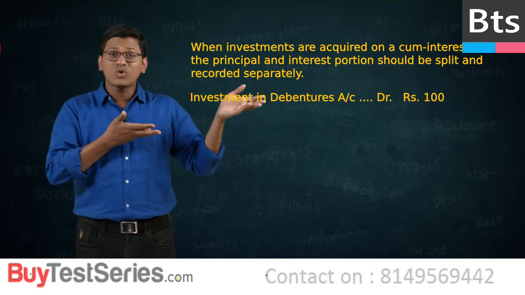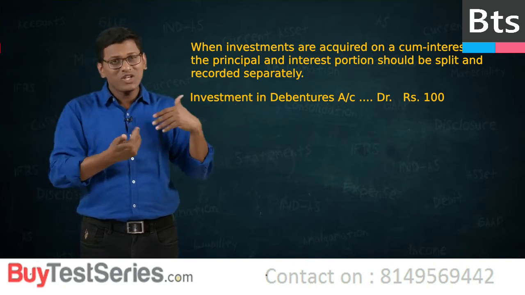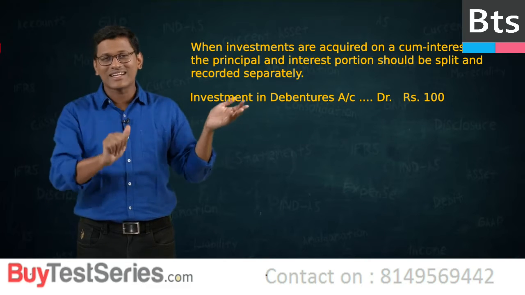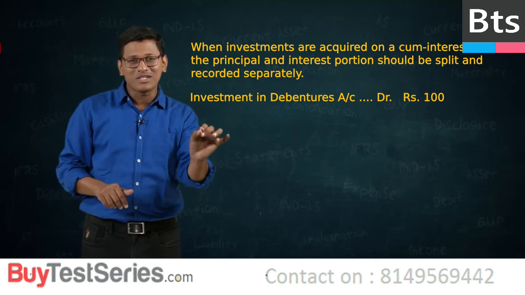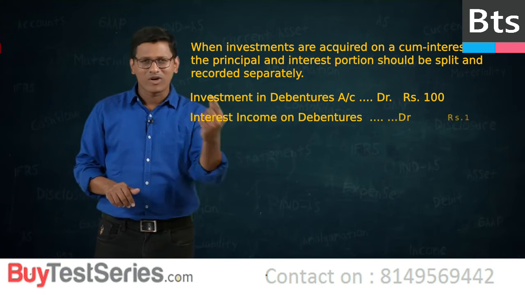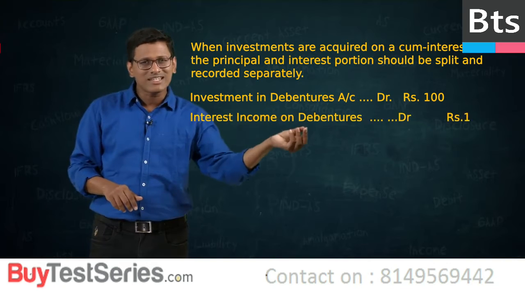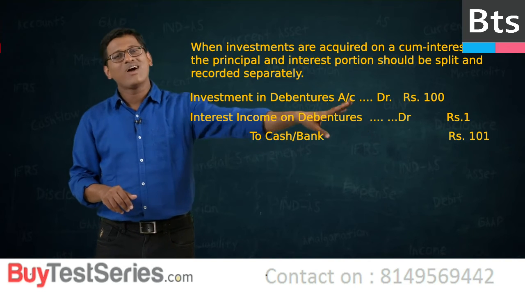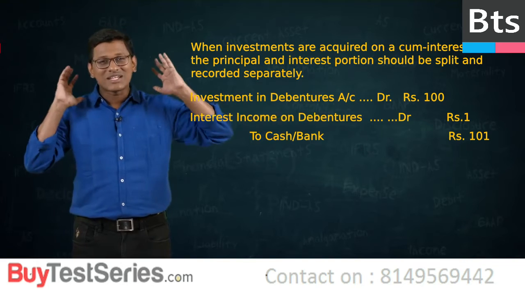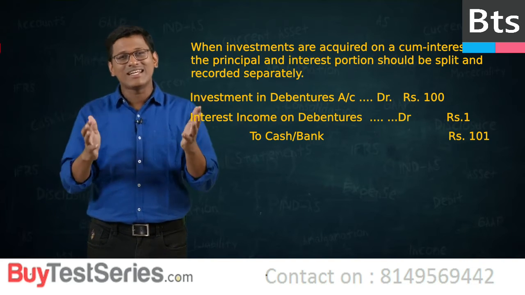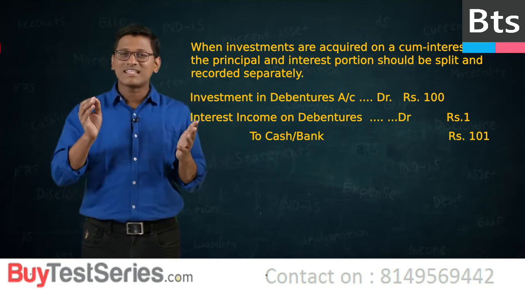If you are paying 101 only towards the principal, then you should write that at 101. You get that? Then interest income on debentures account debited, say 1 rupee, 2 rupees, whatever is the debenture interest, to cash or bank, 101, 102, whatever is the amount you are actually paying, you will write. So that is how you are supposed to write a journal entry at the time of initial recognition, considering the interest portion.